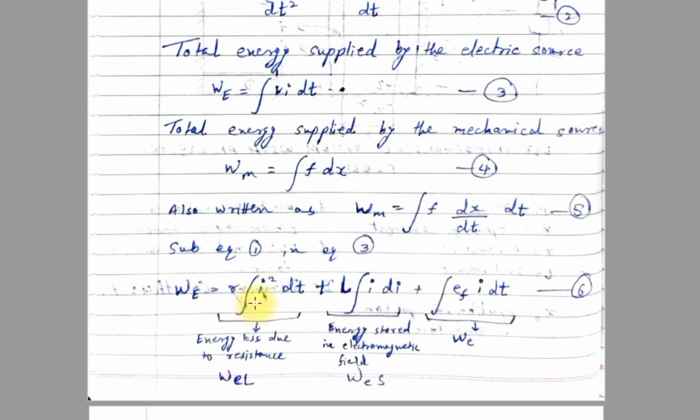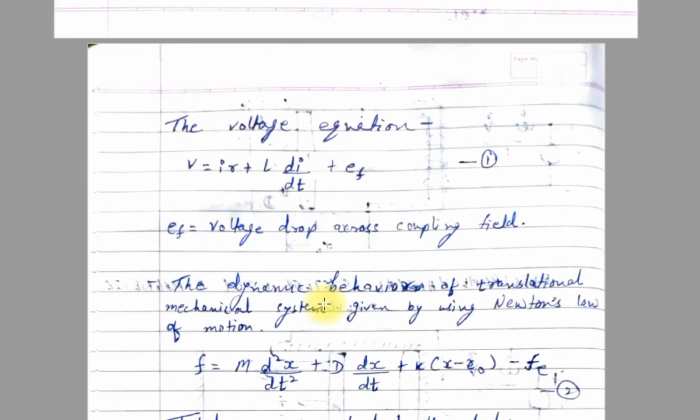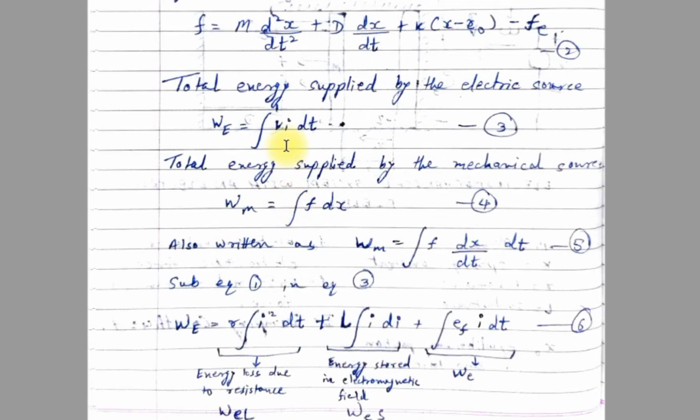So we have R times the integration of I square dt, plus my second term is L into di by dt, which would be multiplied with I. So L into the integration of I into di is what I'm left with. The last term is EF, so the integration of EF into I, that is EF into I into dt.